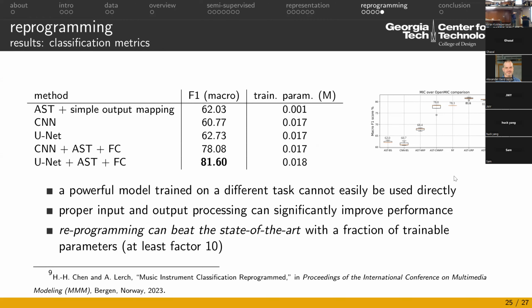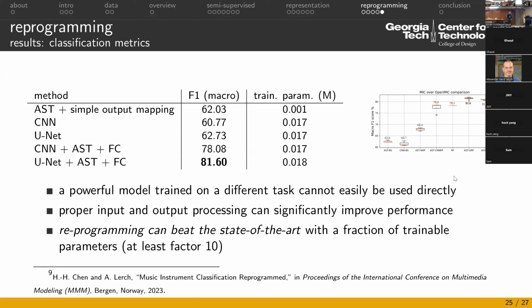And then when we actually do the interesting reprogramming stuff here, where we add a CNN at the input or a U-Net at the input, we can actually achieve state-of-the-art results for this. So you see this on the table here. Again, the results are pretty close. So maybe I'm bragging too much, but it's a little bit higher than the 81% that we get for another recent publication on music instrument classification.